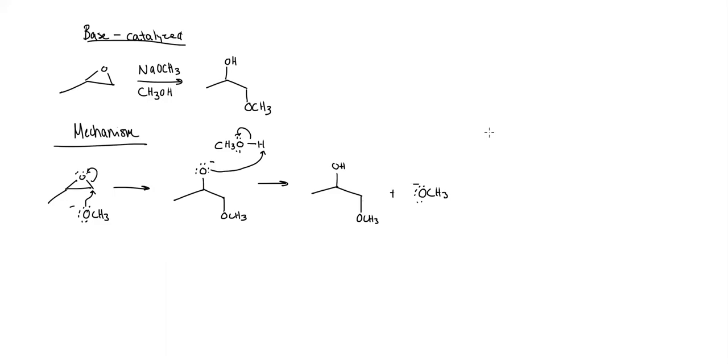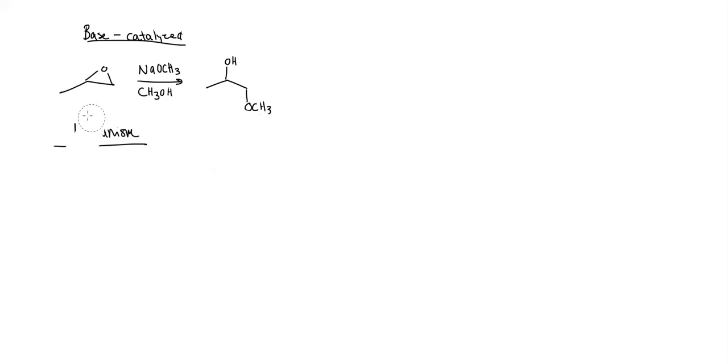Okay, so now that we've looked at acid catalyzed and base catalyzed, I want to do a little bit of practice, so let me erase this. Just a couple of examples, that way we can see some of the differences, right?